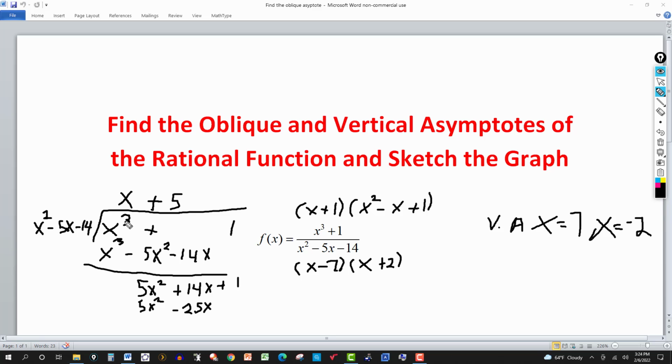And then 5 times a minus 14 is a minus 70. And then we're going to subtract. So it's 14x, subtract minus 25x, that becomes a plus 25x. So this gives me 39x. And then 1 minus a minus 70 makes it a plus 70, so this is going to be 71.